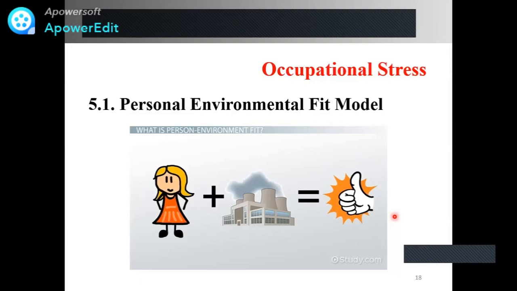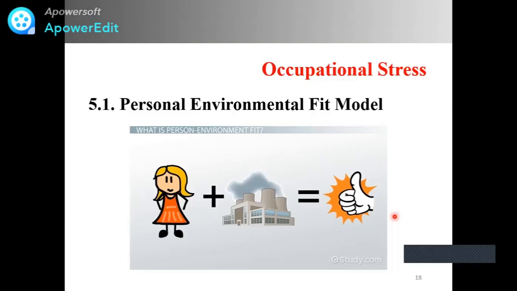Person environment fit model. According to this model, a person starts to feel stress in a job where his aptitudes, skills, abilities, and resources are not in line with the necessities of the job. The job profile he is operating in should be in accordance with his needs, knowledge, and skill sets.